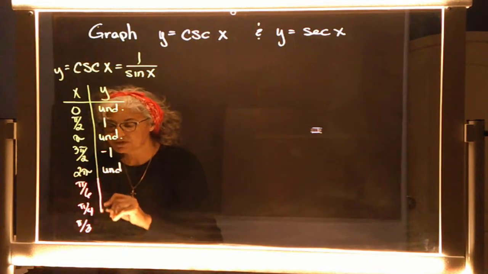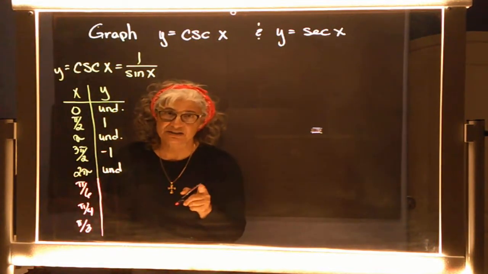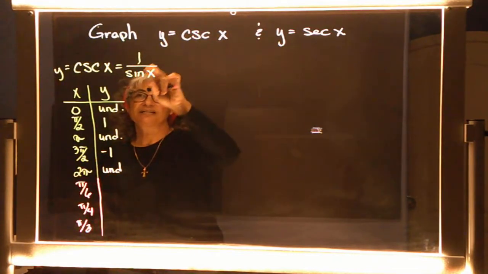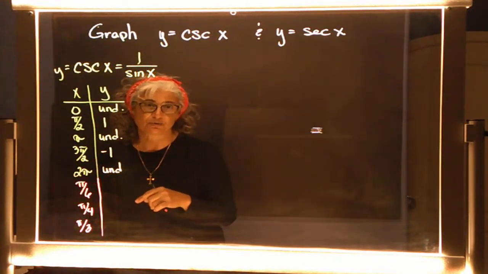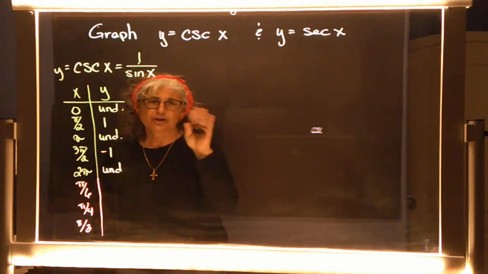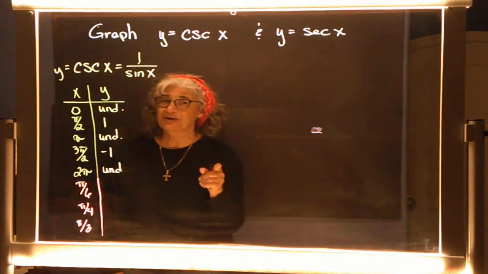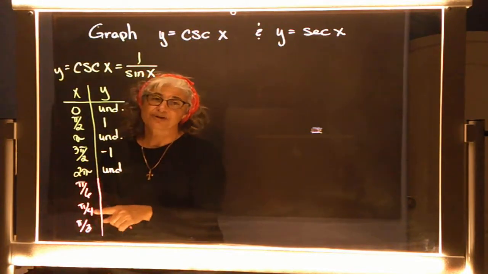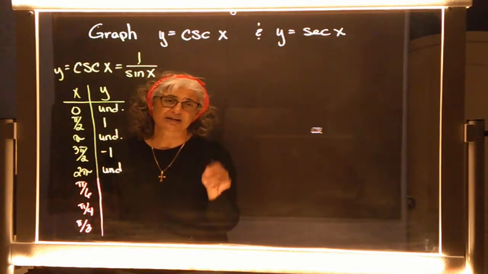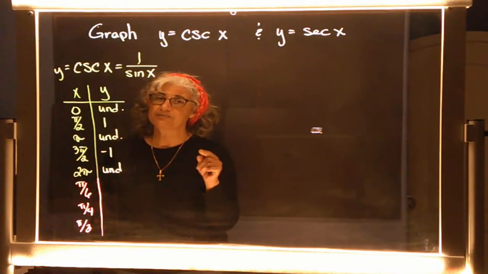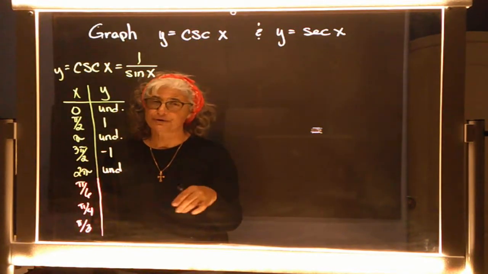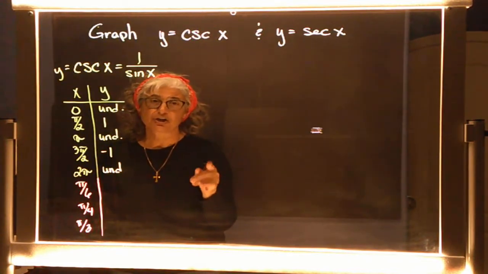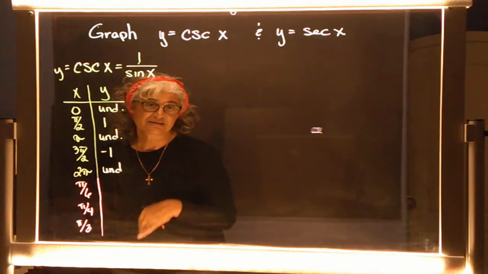With me? Okay, so here's the deal. Let's work out the sine of each one of these, and then when I take the reciprocal, that'll give me cosecant, won't it? So you get your calculators punching. By the way, make sure your calculator's in the right mode. If you're punching in these radians, you better make sure your calculator's in radian mode. If you're punching them in as degrees instead, 30, 45, 60 degrees, then make sure your calculator's in degree mode. I've already done it. These are the numbers I got.